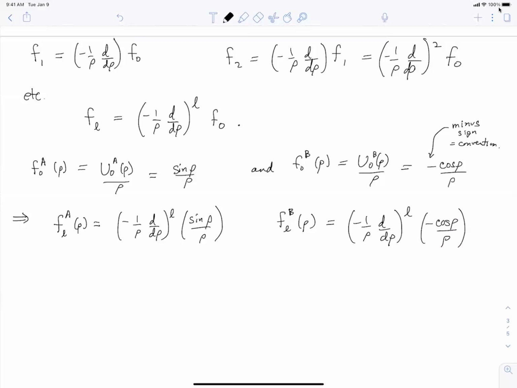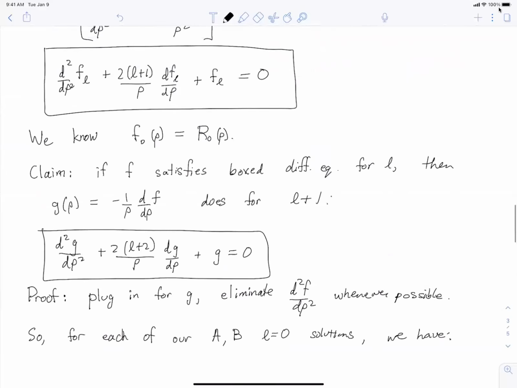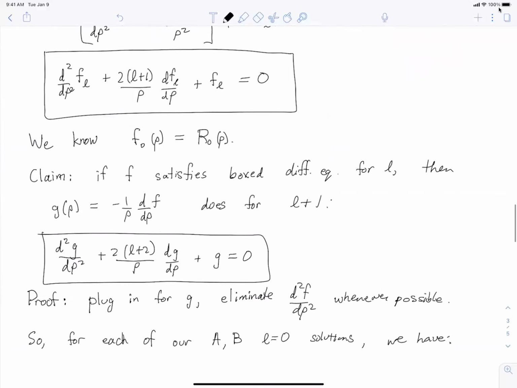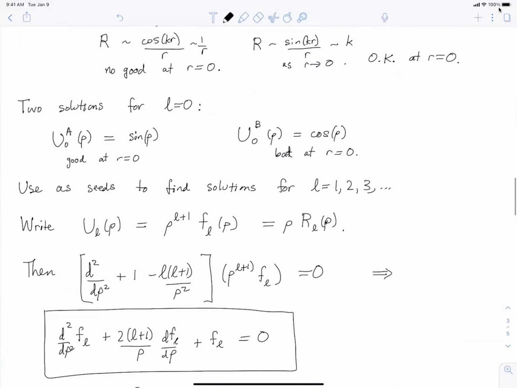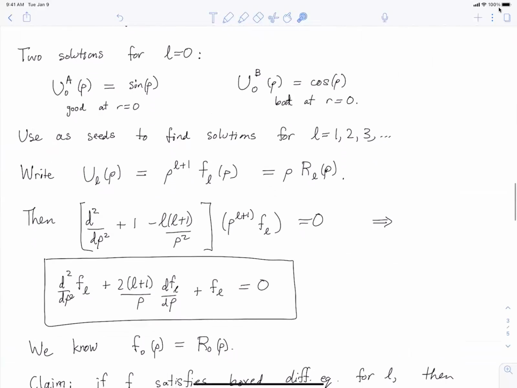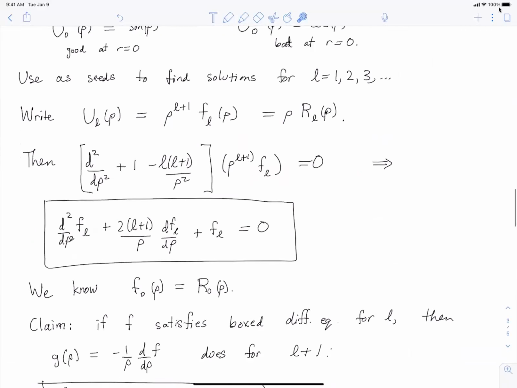Okay, and now we can plug back in. Let's go back up here to, where was it? This equation right here tells us if we have the F's, then we can get directly to the radial wave function as a function of rho.